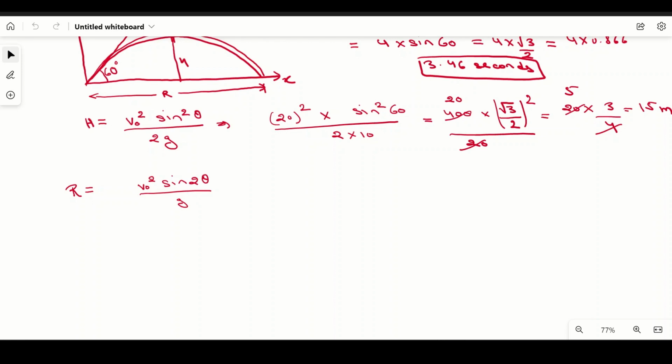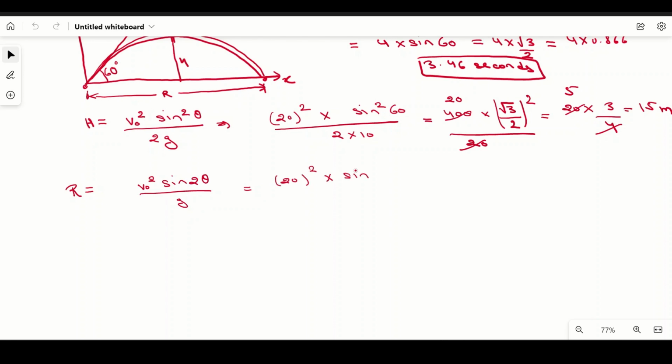Range is the distance from where the ball starts moving to the point where the ball will land. So the total distance moved by the ball in the air is the total range, which is from here to here. So it will be v naught, already known, 20 square into sine 2 theta.